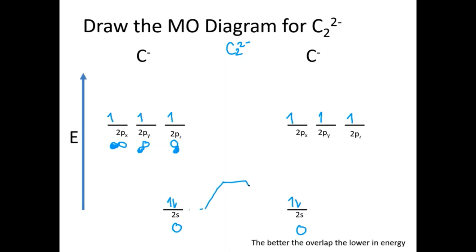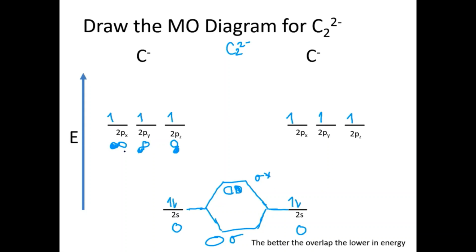I have where they subtract each other, and I have where we've added them. And like I said, sometimes you'll see these as dotted lines. I'm going to draw them as a solid line because I think it's sometimes easier to see. So when I add them, it forms the sigma bond. It looks like that. And when I subtract them, it forms the anti-bond, which looks like this. Okay, so I've taken and added those together.